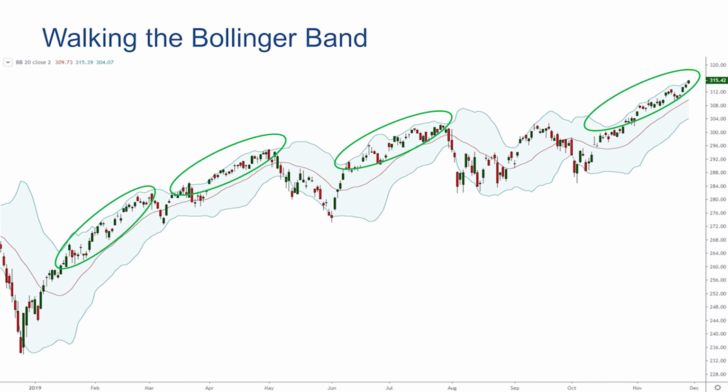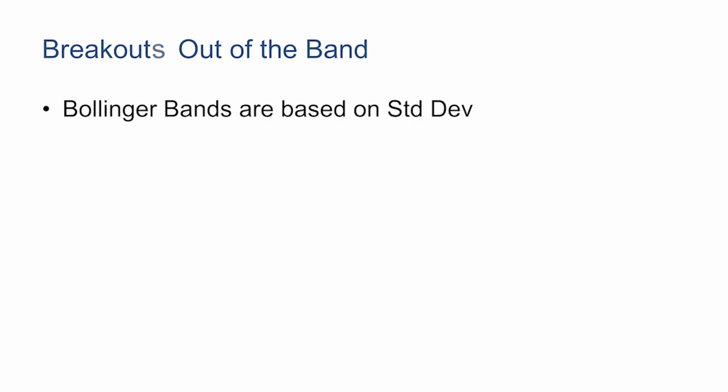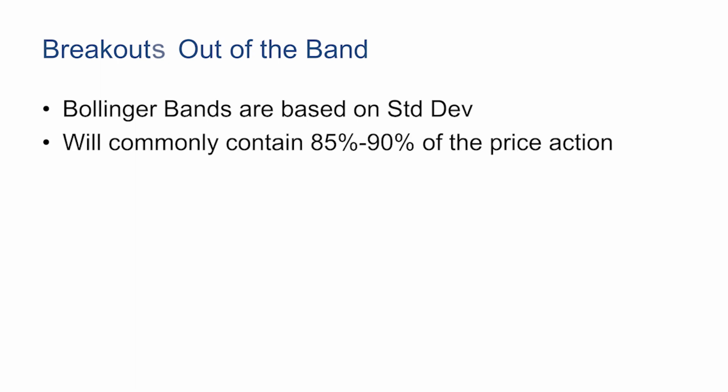Now, what happens if a price is so strong that it actually leaves the Bollinger Band zones? Well, as noted by many technicians, because 2 standard deviations around the band will often encompass 90% of the price action.